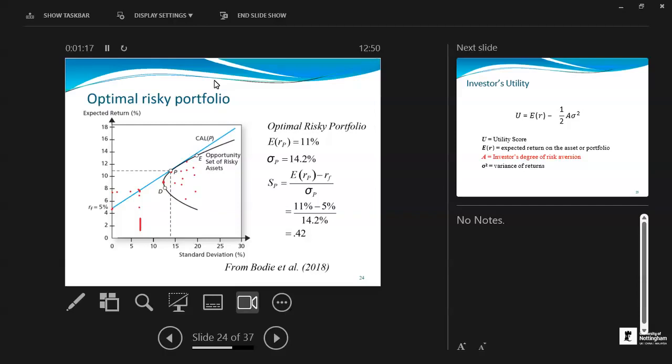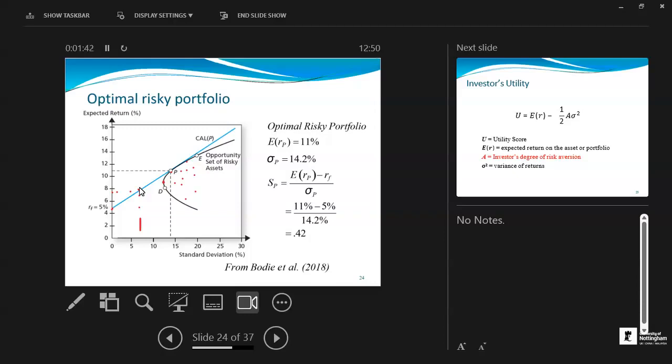Okay, so those who would hold 50% of the risk-free asset and 50% of the risky portfolio. Let's say this point, right? Let's say this portfolio. Okay, good. Raise your hand like this. Good, very good. So you'll have some 50% in the risk-free asset and 50% in the risky portfolio.